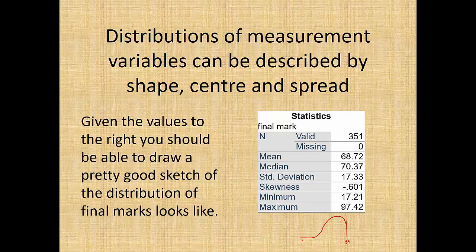A minimum of 17. And then we'd have the median somewhere here at 70. This is a measure of center. And the mean, of course, is going to be below because it's affected by the skew, let's call it 69, and that's mu. Okay, so I can get a fairly rough but accurate sketch of what the distribution would look like.